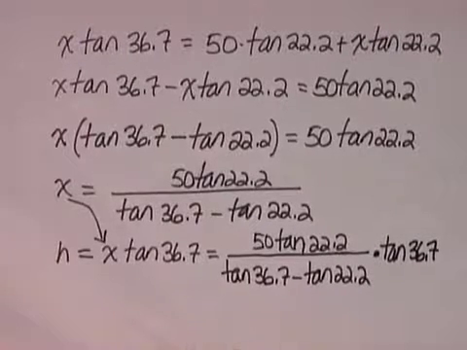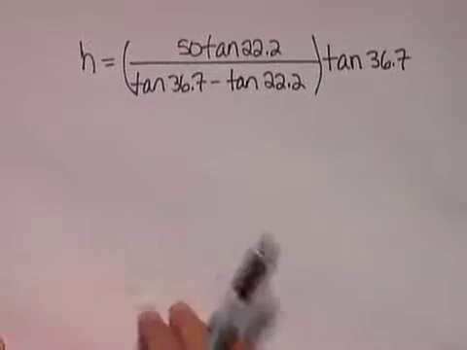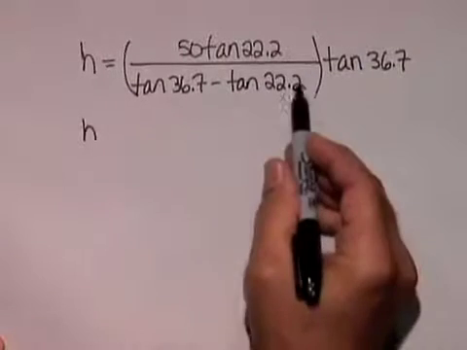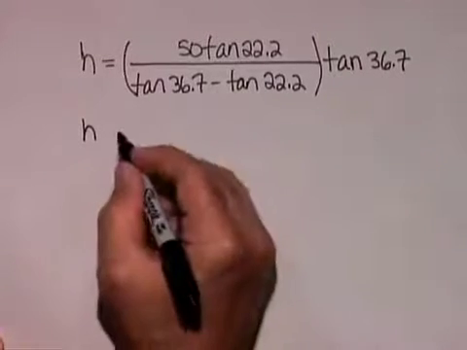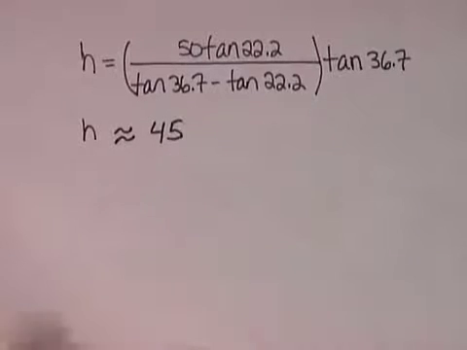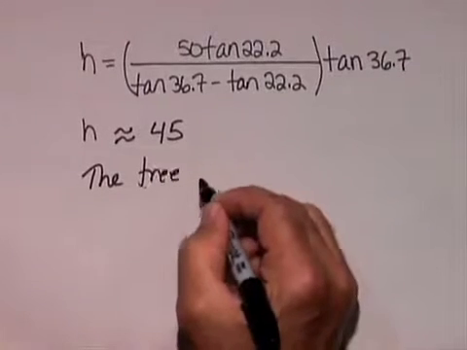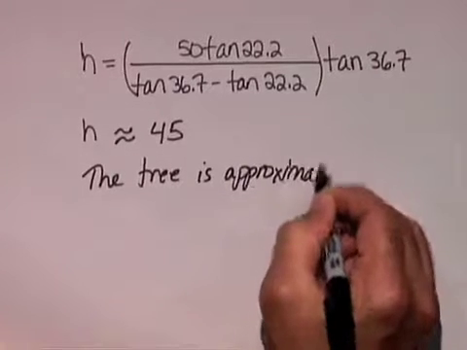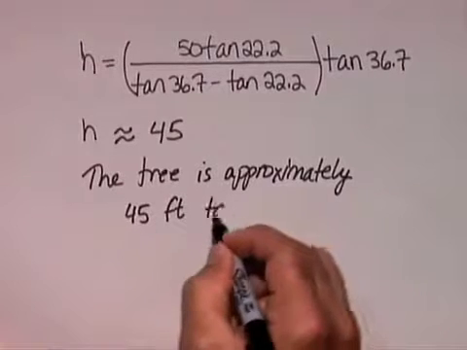At this point, let me reintroduce a new piece of paper on which I've pre-written that, so that we can now say that using a calculator and substituting each of these values into that calculator, we will find h is approximately equal to 45. And that means that the tree is approximately 45 feet tall.